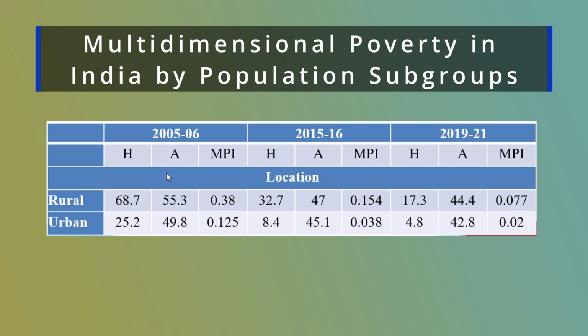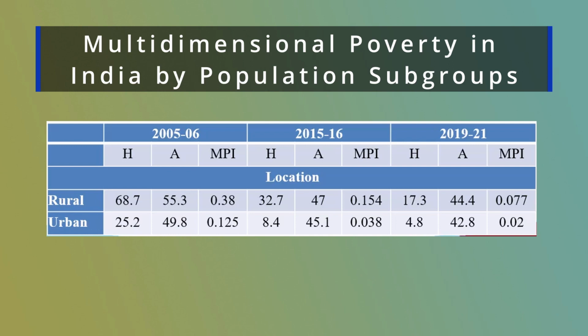In case of the multidimensional headcount ratio, 68.7% of people in rural India were multidimensionally poor in 2005-06, which significantly reduced to 17.3% in 2019-21. Whereas in case of urban India, its value is relatively low, and it was 25.2% in 2005-06, which reduced to 4.8% in 2019-21.